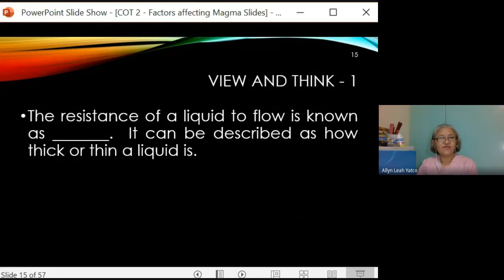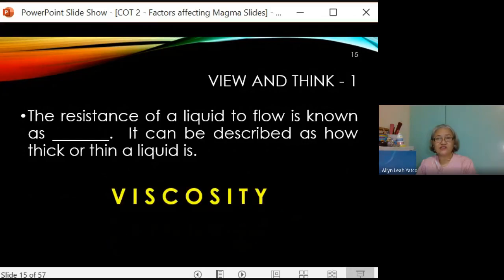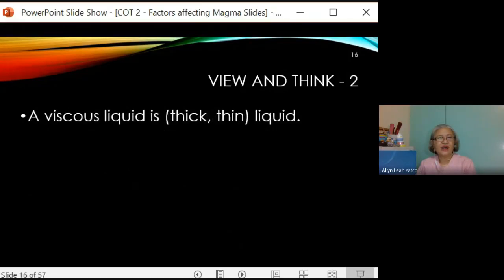The resistance of a liquid to flow is known as blank. It can be described as how thick or thin a liquid is. The answer is viscosity. That's good. Next, a viscous liquid is a thick, thin liquid.